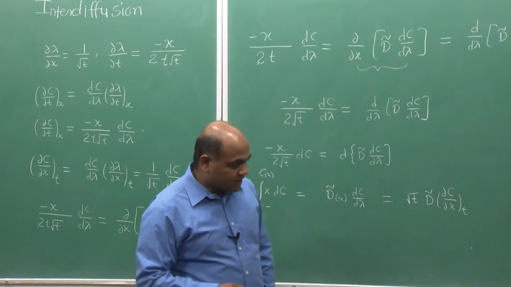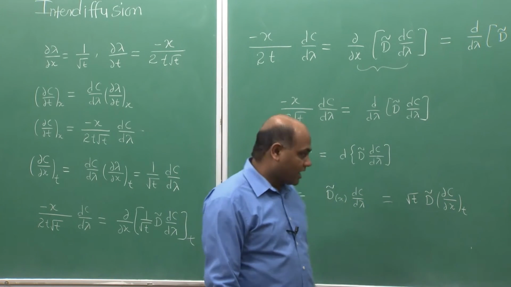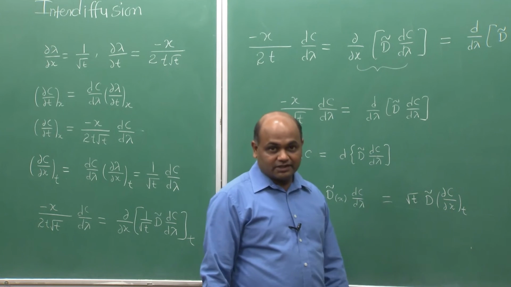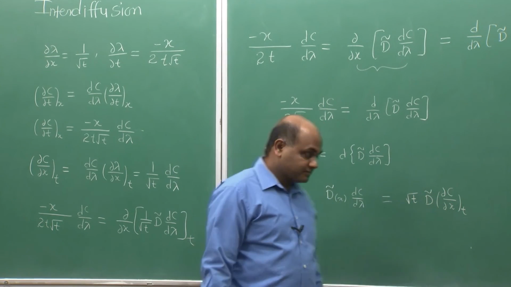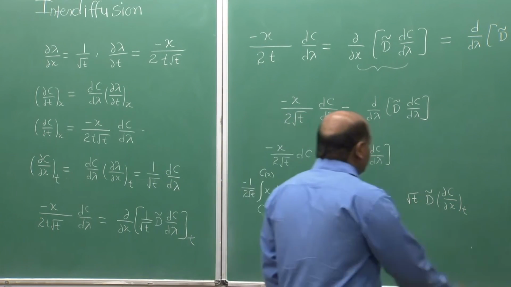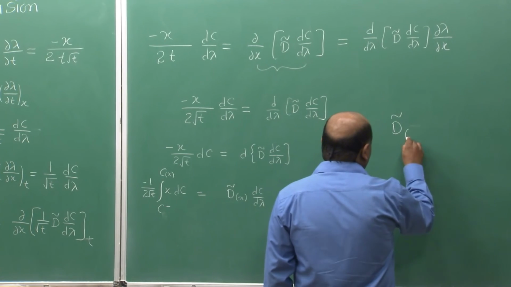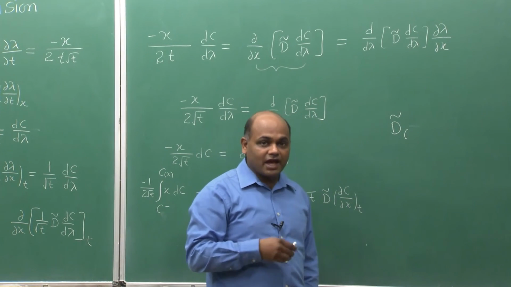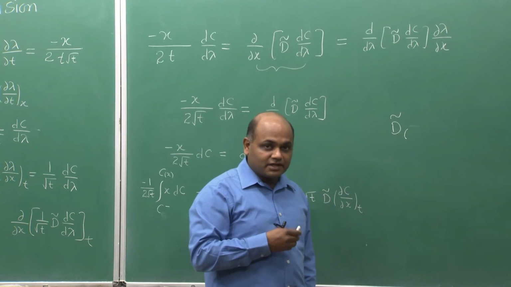And since we are considering the composition profile after a fixed diffusion annealing time t, we can replace this with dc/dx, that is the derivative of concentration profile. And so, if we rearrange, we get the equation for D tilde at x, and since D tilde is actually a function of Ci and Ci is varying with x, that is why D tilde is varying with x.